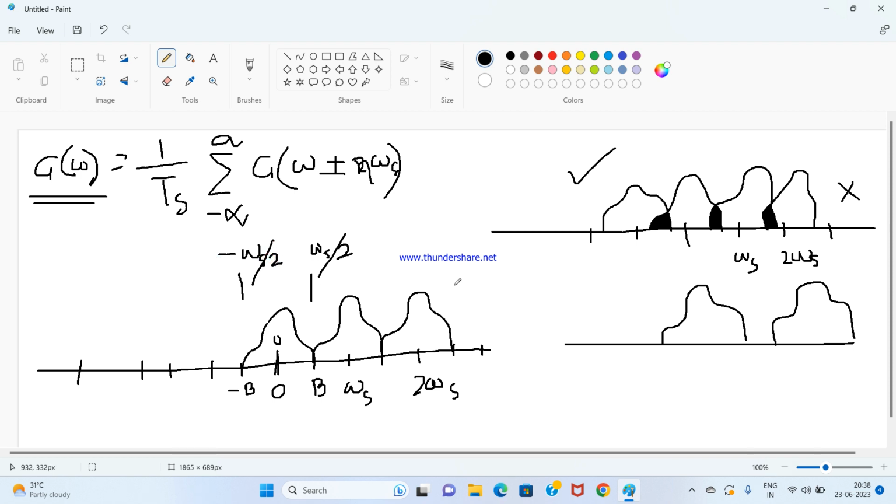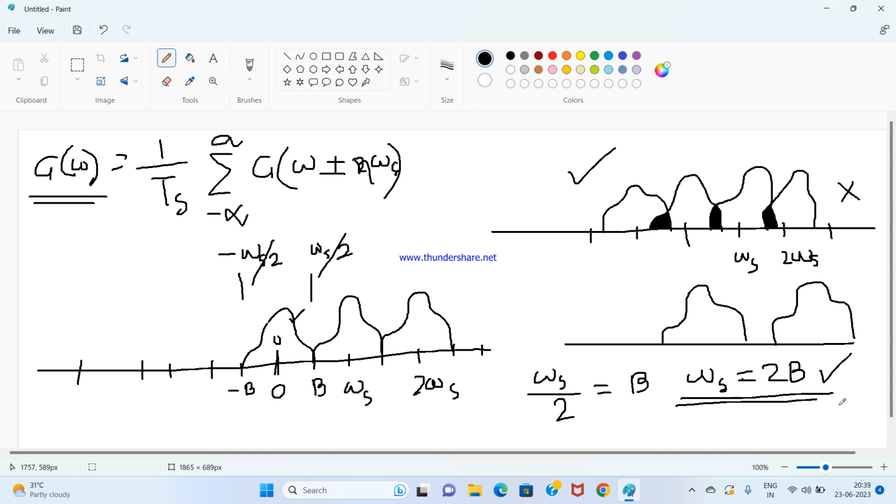Okay, so if you compare this, because my g(t) is band limited to B, my omega s by 2 is equal to B, or my omega s is equal to 2B. If you take omega, then it is to be multiplied by 2 pi. B is in terms of frequency, so whatever may be.